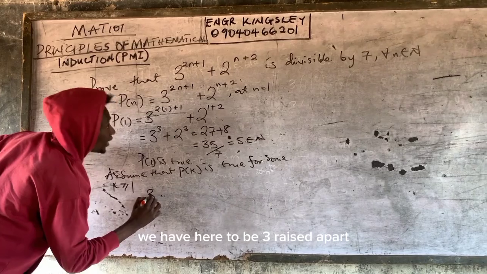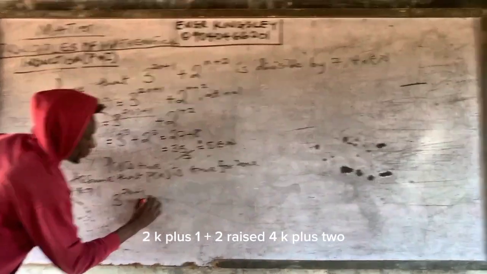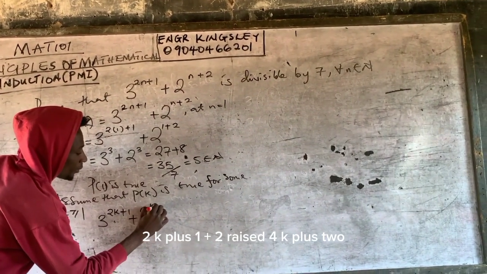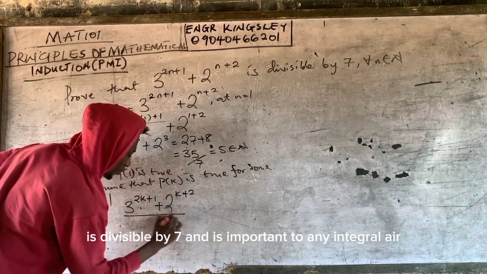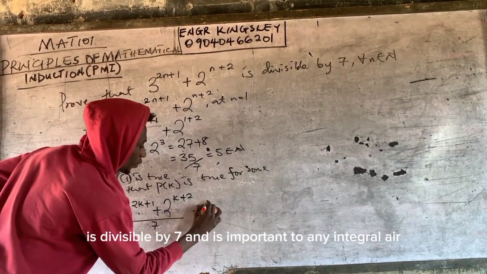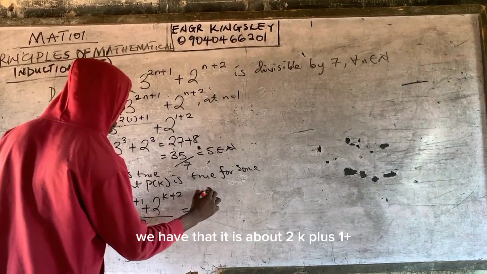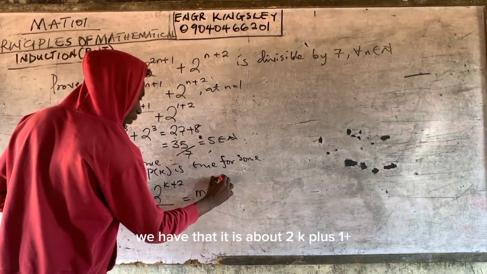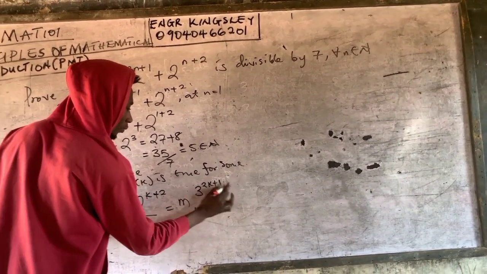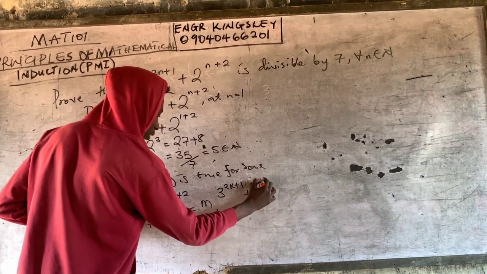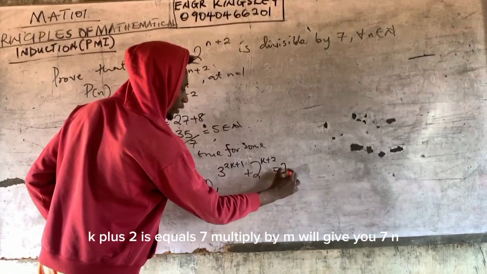We have 3 raised to the power 2k plus 1 plus 2 raised to the power k plus 2 is divisible by 7 and is equal to any integer n. So when we cross multiply to make this the subject, we have 3 raised to the power 2k plus 1 plus 2 raised to the power k plus 2 is equal to 7 multiplied by n, which gives me 7n.